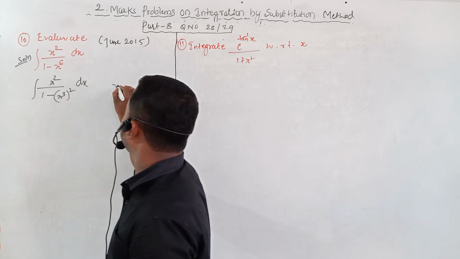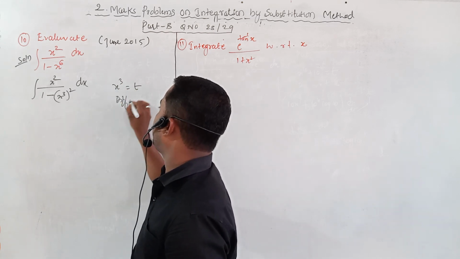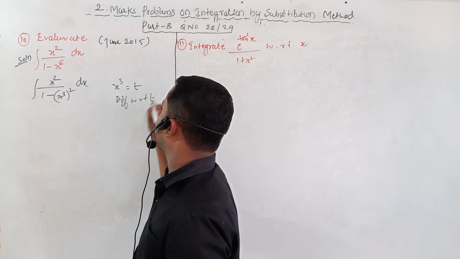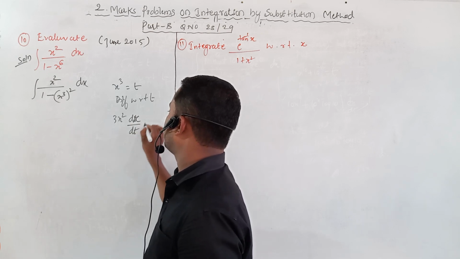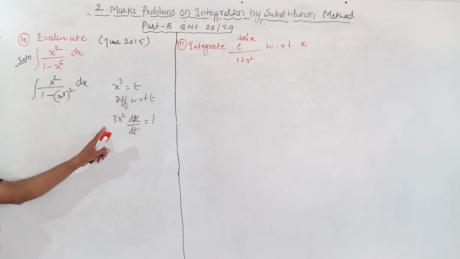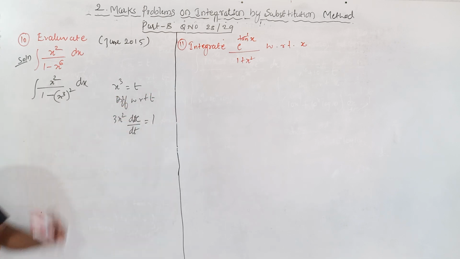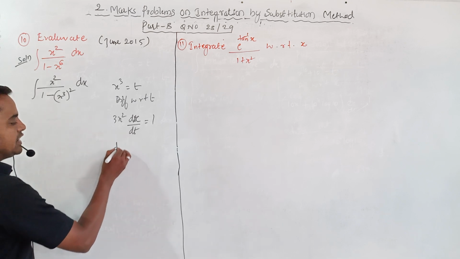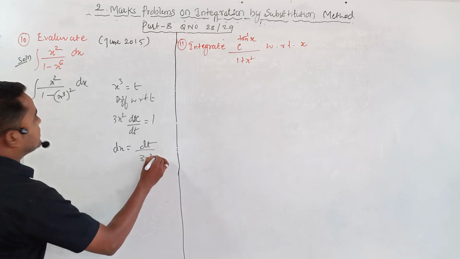Now take x cube equal to t. Differentiate with respect to t. 3x square dx by dt is equal to 1. Derivative of x cube is 3x square, times dx by dt, and derivative of t is 1. Now dx is equal to dt divided by 3x square.